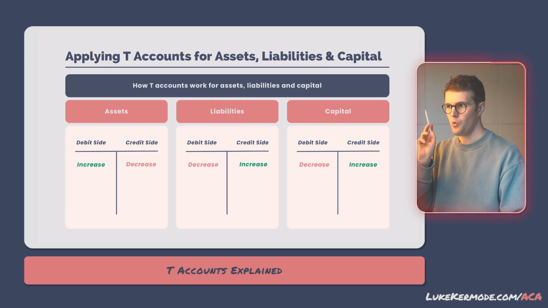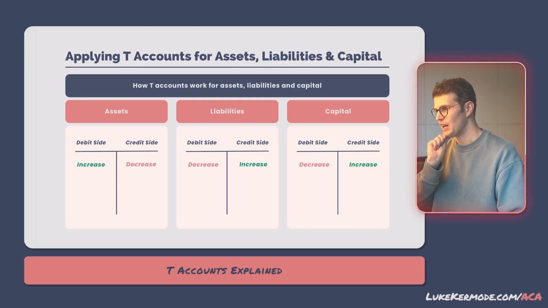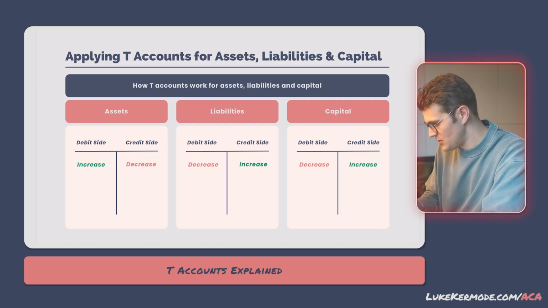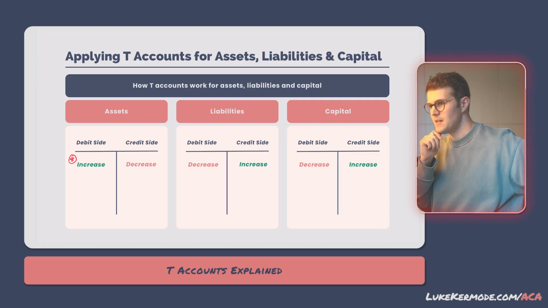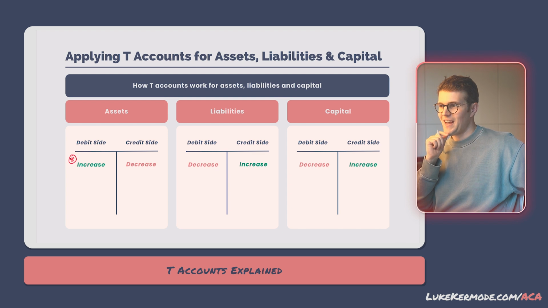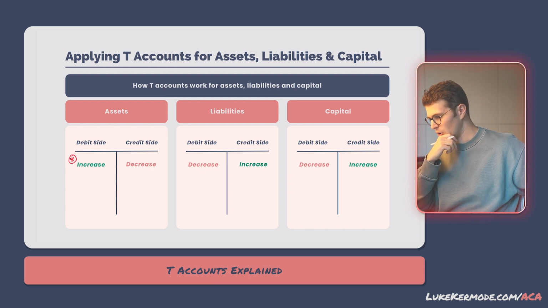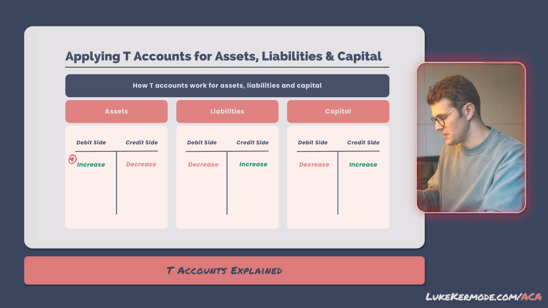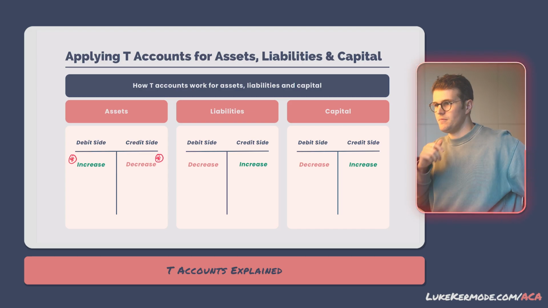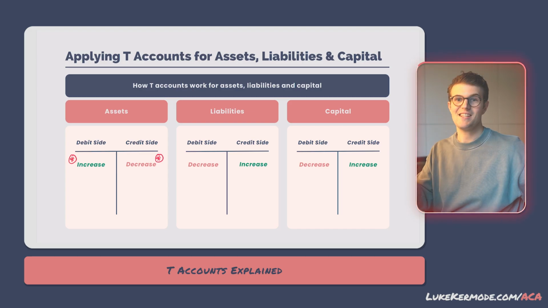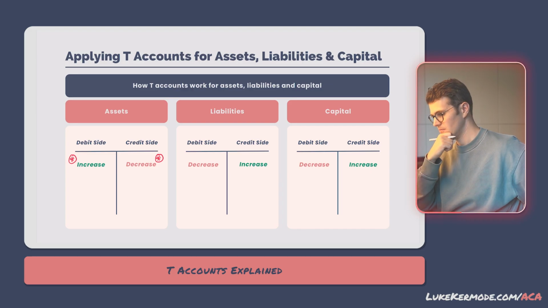So for example, if a business receives cash from a customer, that's going to increase the value of assets. So we debit assets. However, if an asset decreases in value, we record that on the credit side of the T account, which is on the right-hand side of the T account. So, for example, when a business makes a cash payment, that will reduce assets.